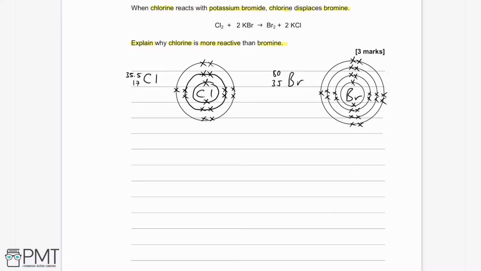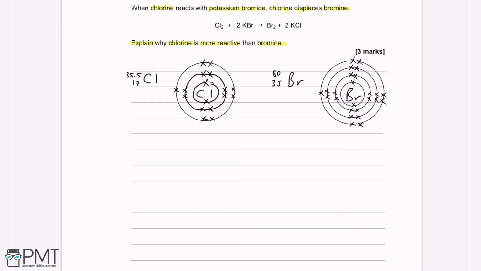So we've got to dig deep into our understanding of electronic configuration to explain why chlorine is more reactive than bromine. So what I've done here is I've drawn the electronic configuration of chlorine, which has 17 electrons, and bromine, which has 35 electrons. So hopefully you can see that chlorine is a smaller atom.